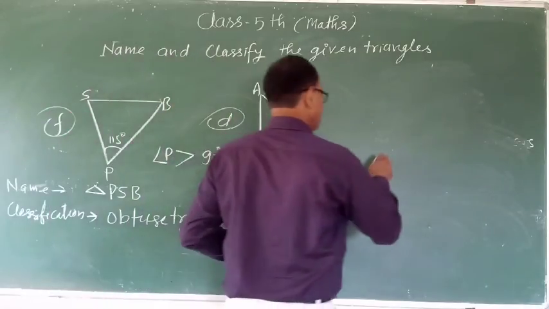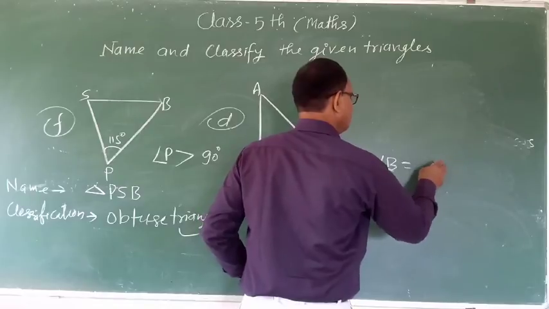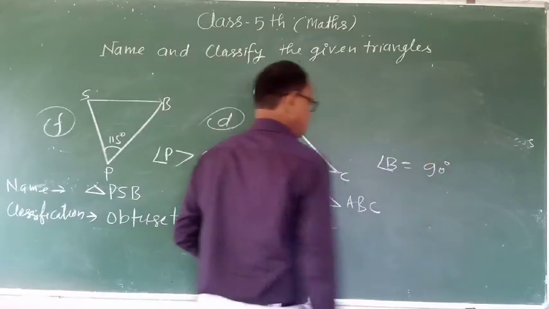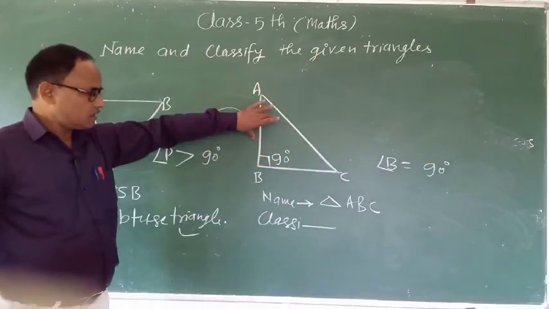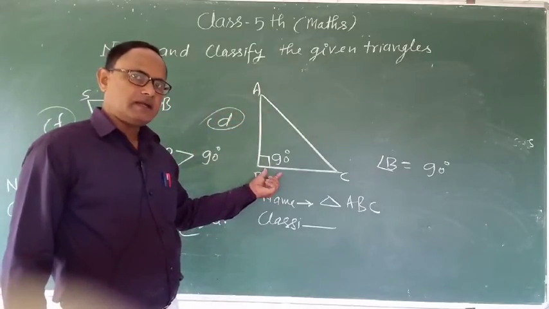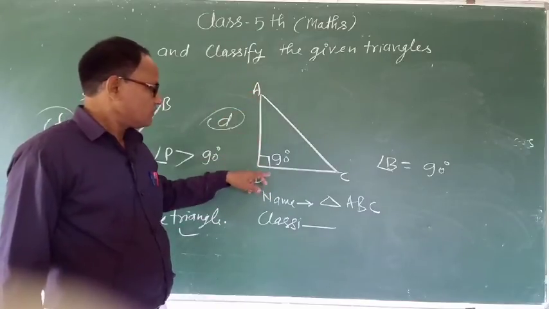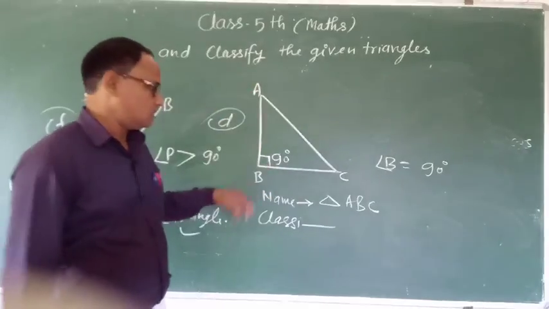Here angle B is equal to 90 degrees. If in a triangle any one angle is 90 degrees, then that triangle is known as a right triangle.